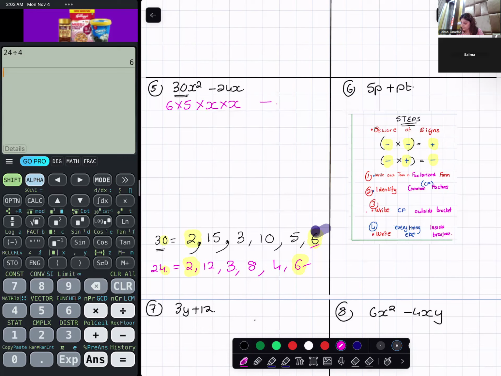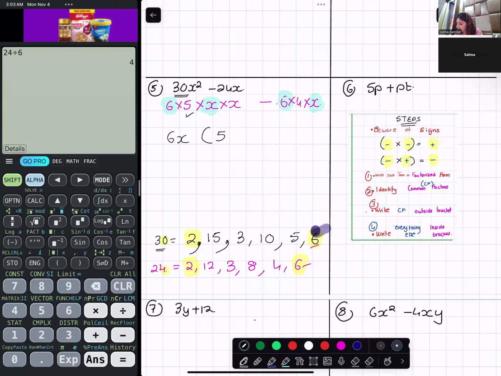Now for 24, 6 into 4 I will write as 24 and into x. Now the common factor is 6 and x. Write the common factor outside the bracket.